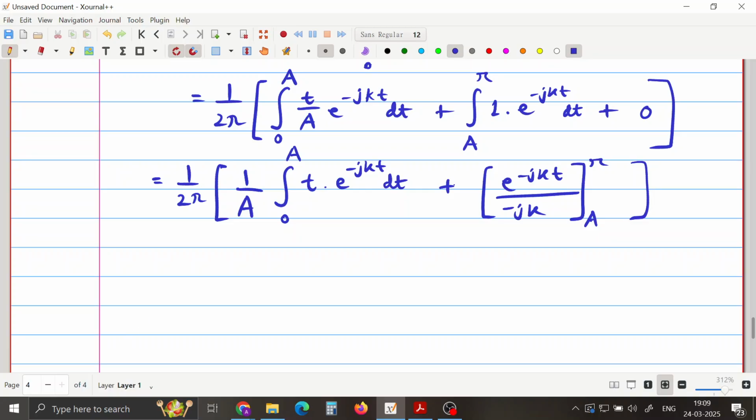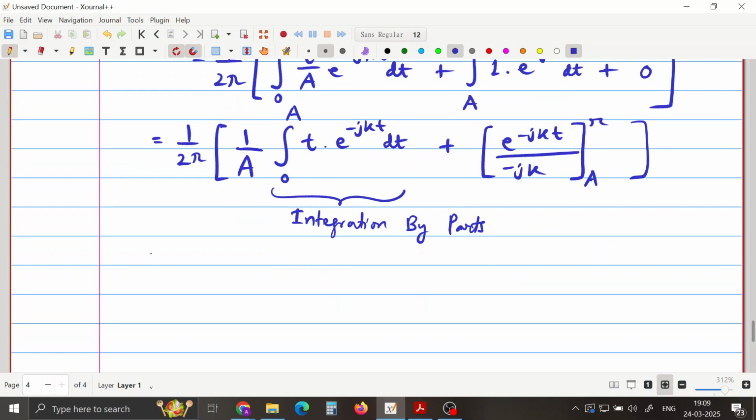Now for this integral we again have to use integration by parts, as we did for the first question. So let me first calculate it.